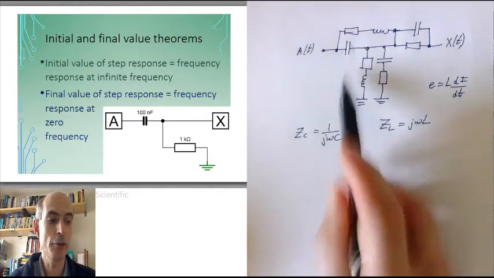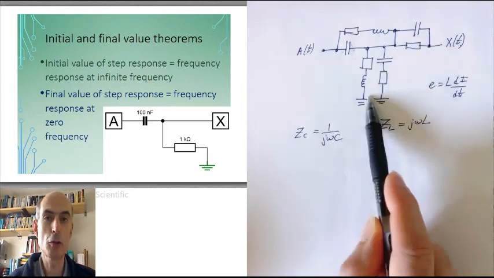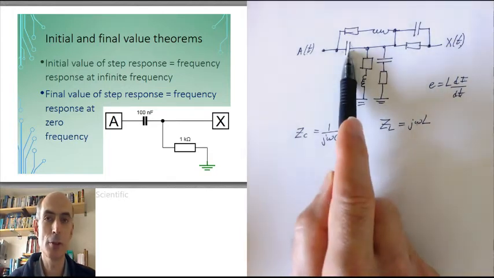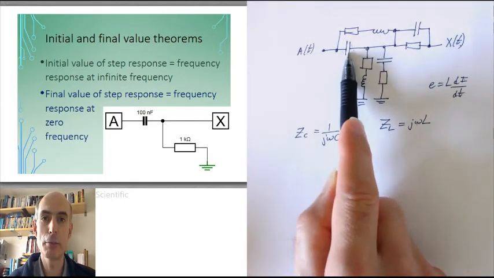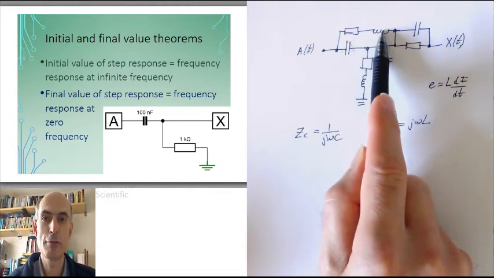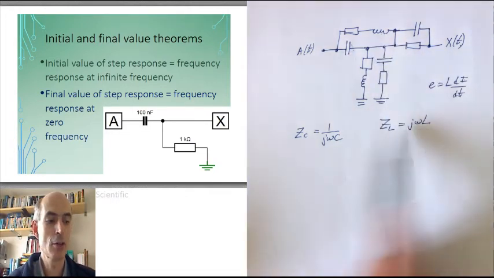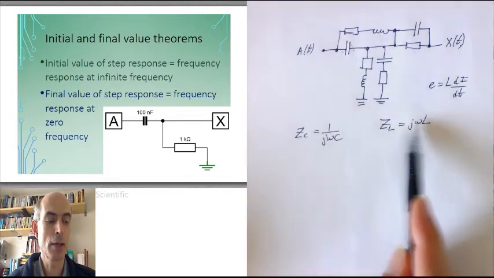So after an infinite time, when everything is no longer changing, the capacitors effectively look like infinite impedances, the inductors effectively look like zero impedances, just as the components do at DC.